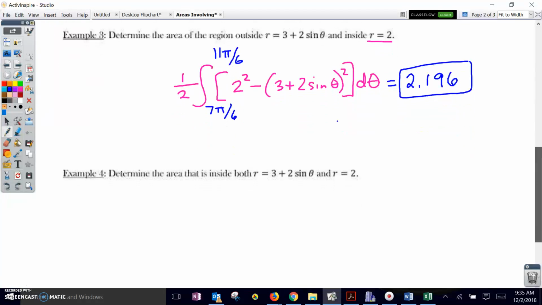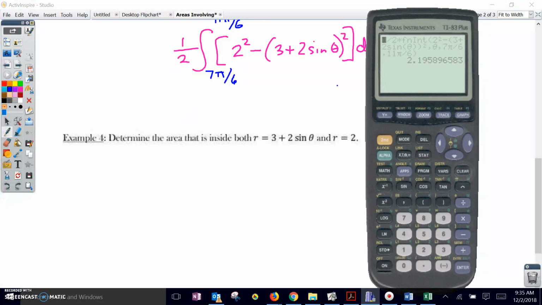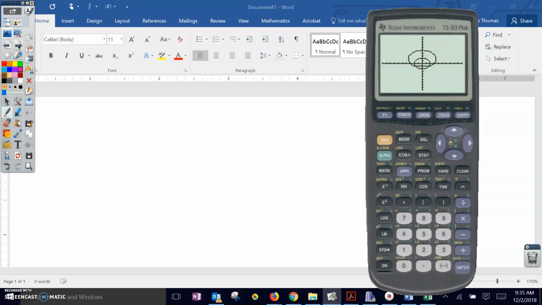Alright, last one here. The area that is inside both of these curves. So if we look at the graph again, and we want the area that's inside both of those, we're actually looking for this area in here that's inside both of them. And there's not a neat single integral formula that I can use here, because it's not really the region between one of those curves and the other one.